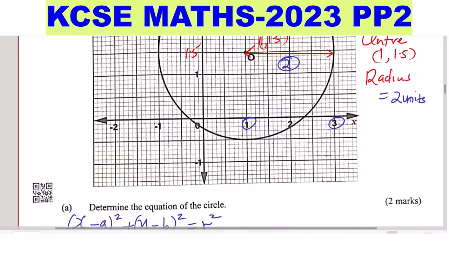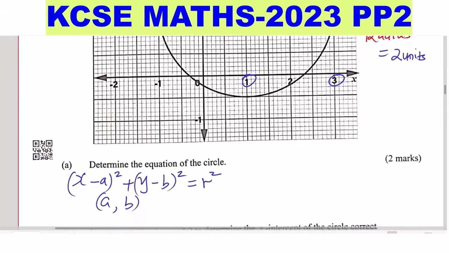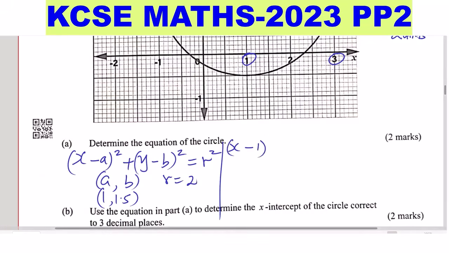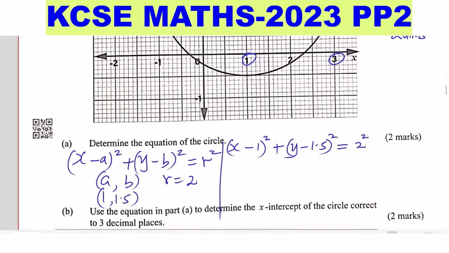In this case, (a, b) is (1, 1.5), and the radius is 2 units. So substitute: (x minus 1) squared plus (y minus 1.5) squared is equal to 2 squared.